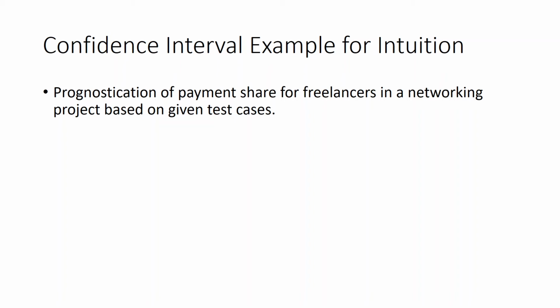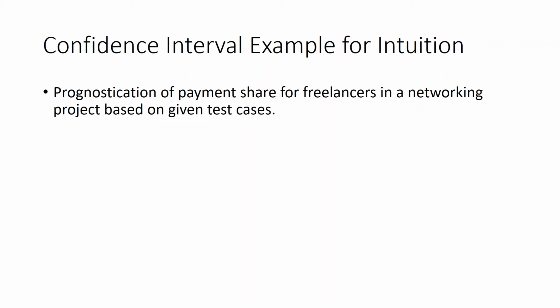There is a set of test cases given by the company that need to be satisfied by those freelancers, and a particular amount has been allocated, and that share will be distributed amongst them based on the number of test cases they solve. That is the problem, and what I want is a prognostication of the payment share that a particular person is approximately going to get based on the test cases.